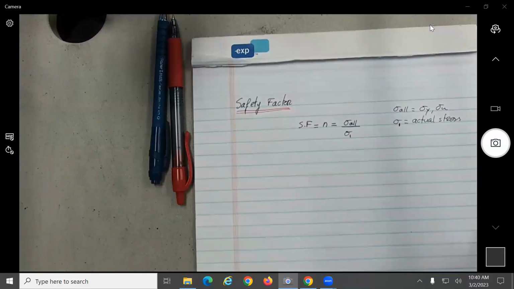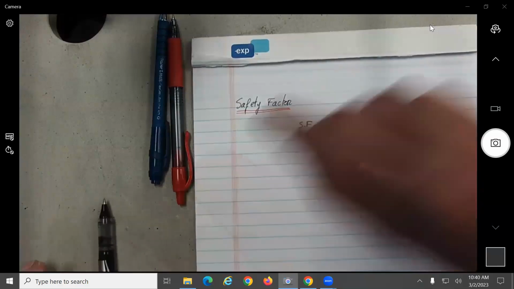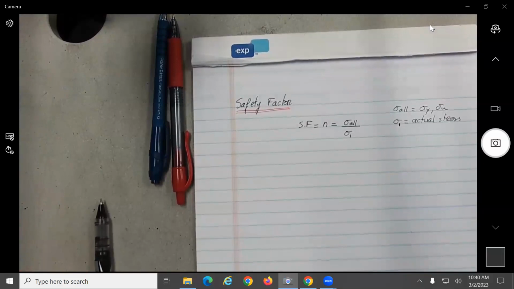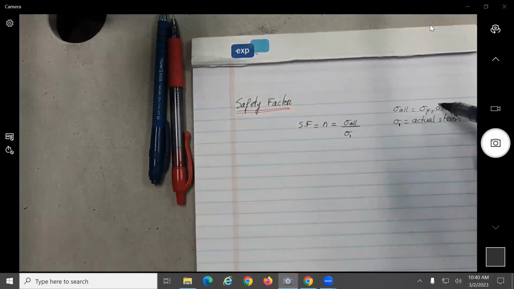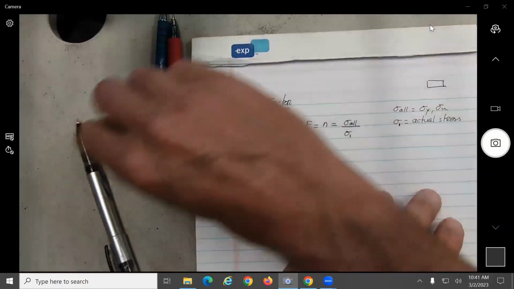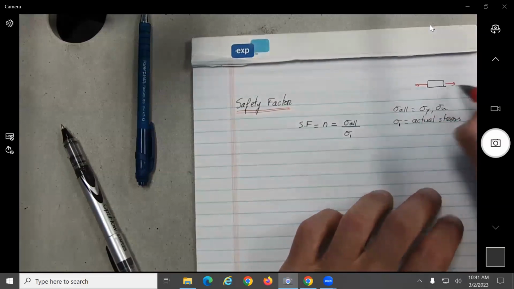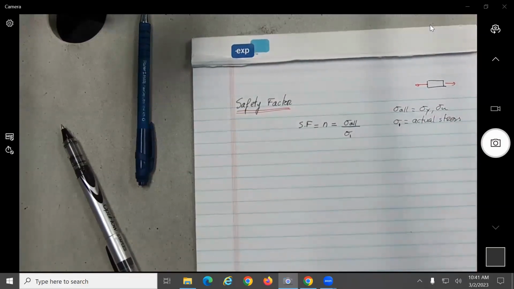Why? Because how do we obtain these two values, the yield or the ultimate? From the table, from the experiment, from the ASTM. They take a specimen and use an ASTM machine and stretch it in a principal direction, or one of the principal axes.